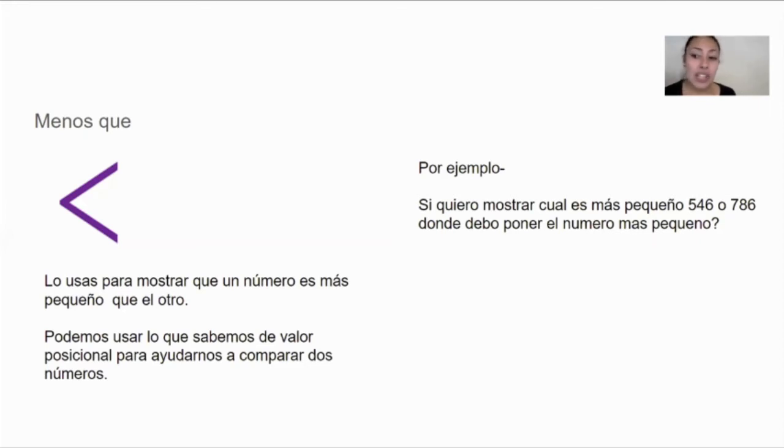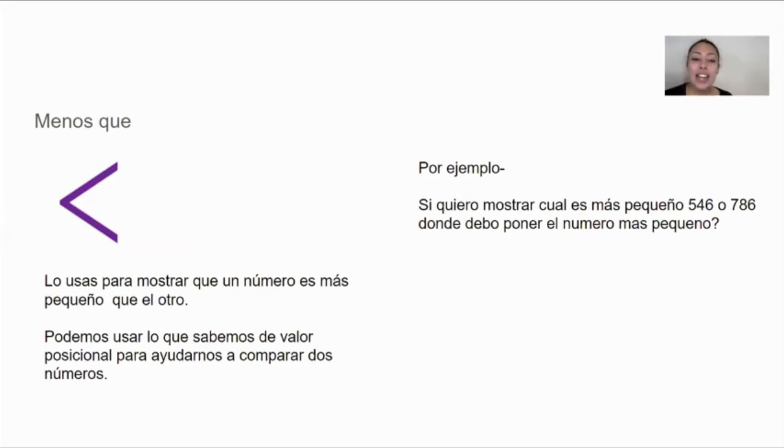Eso es muy importante porque tienes que recordarte que estás buscando el número más pequeño. Aquí el cocodrilo quiere comer el número más pequeño. Entonces, ¿lo pondría dónde? ¿A la izquierda o a la derecha? Diga tu respuesta en voz alta. En 1, 2, 3. Derecha. Sí.